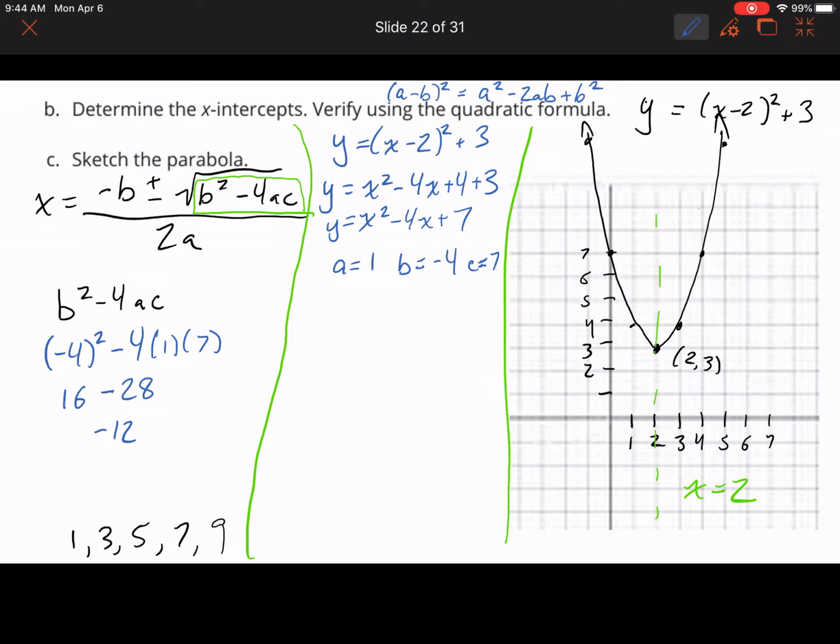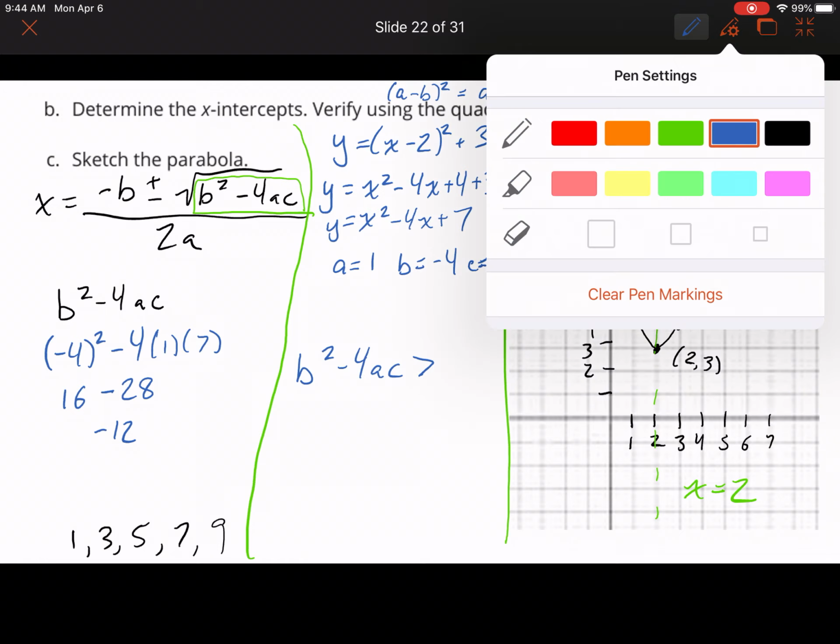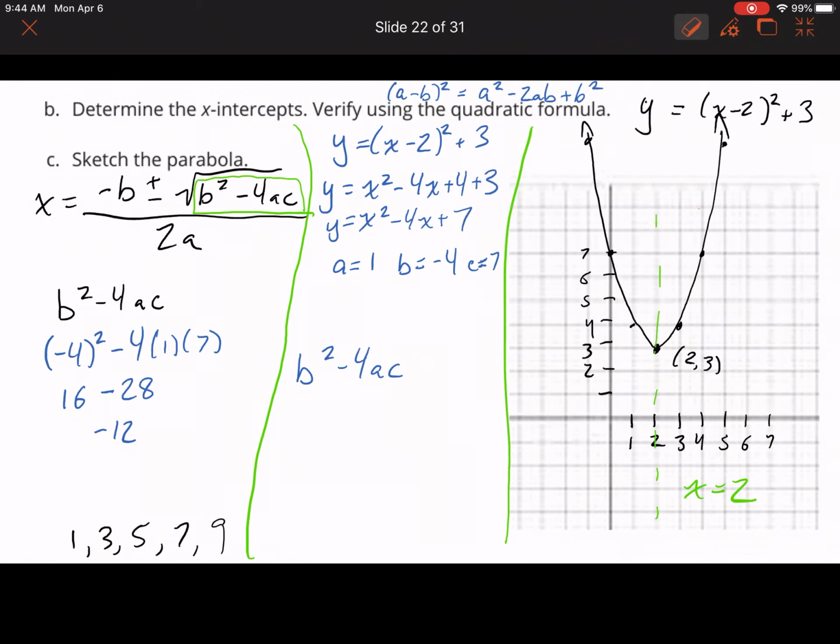So we know that if the discriminant is greater than, or sorry, less than 0, then we have no real roots.